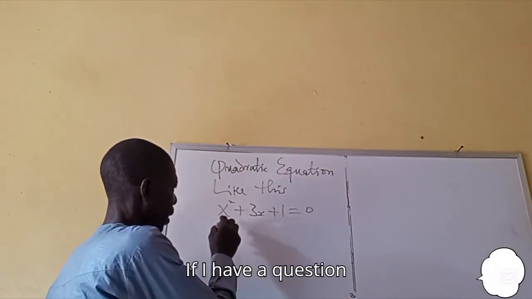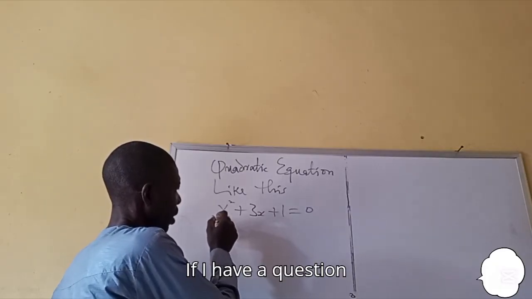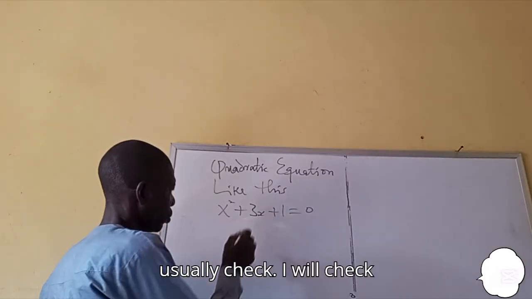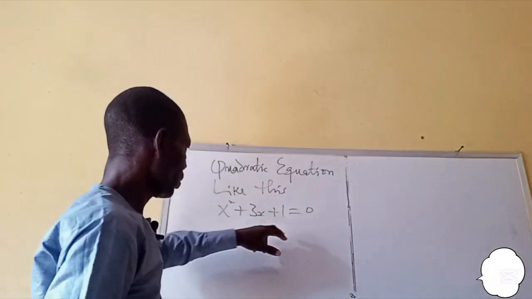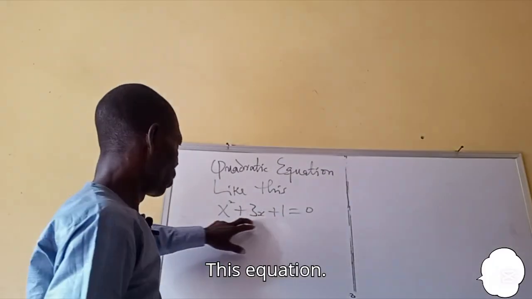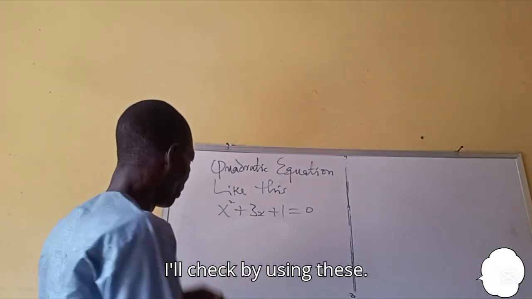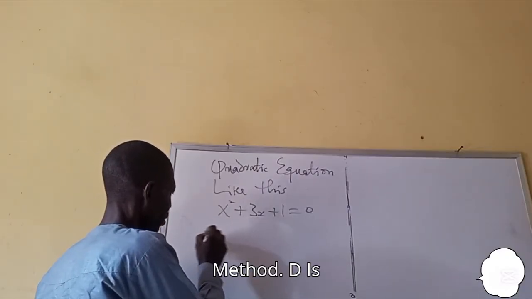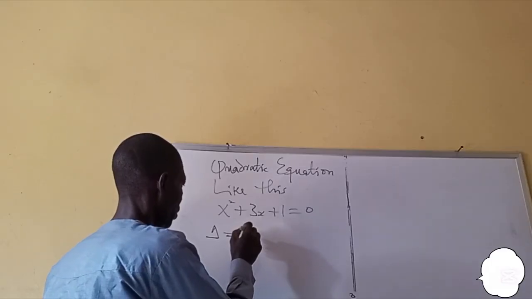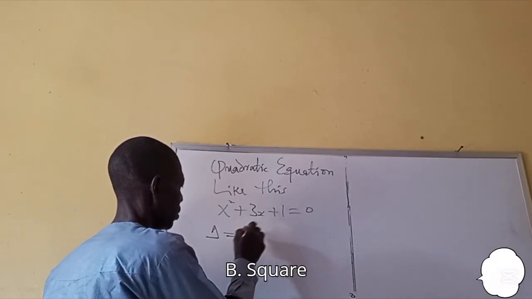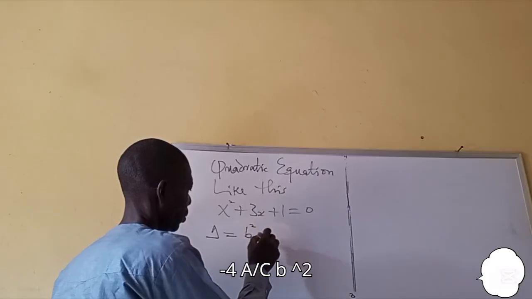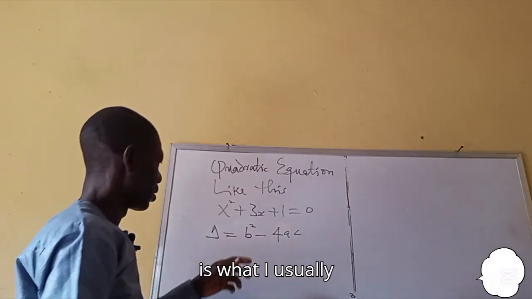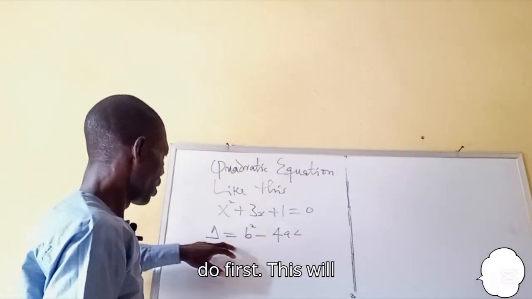What I usually do if I have a quadratic equation like this, I'll check using this method. D is equal to b squared minus 4ac. This is what I usually do first.